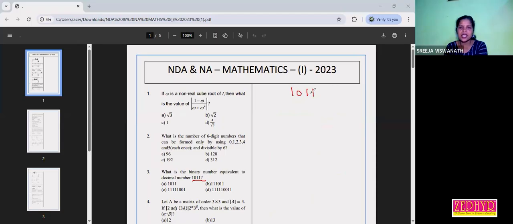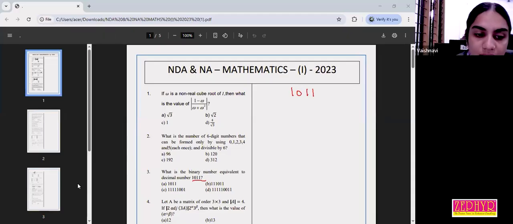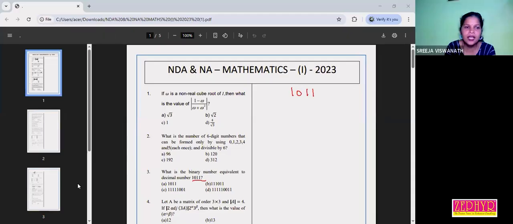In the first class, I discussed how to convert to binary number. Anyone? How to convert? Divide by 2 and remainder. Yeah, correct. Divide by 2. We have to divide the given number by 2.